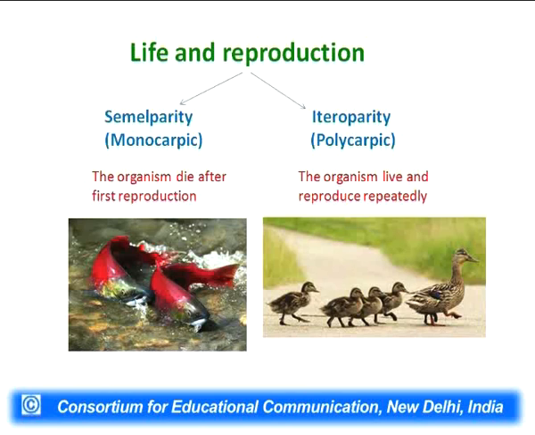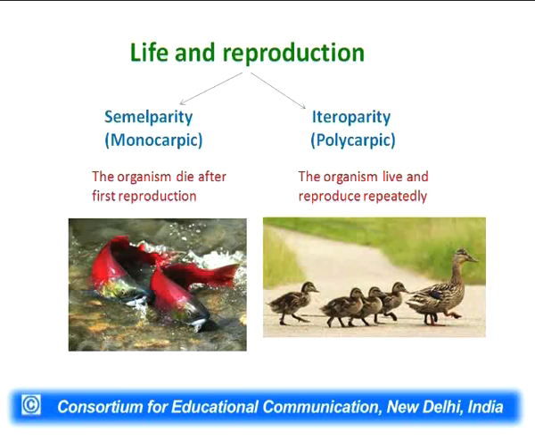That itself suggests that in case of semelparity, the individual organisms will die very soon after giving rise to the first set of offspring. In contrast, iteroparous organisms will live and reproduce repeatedly and repeatedly.